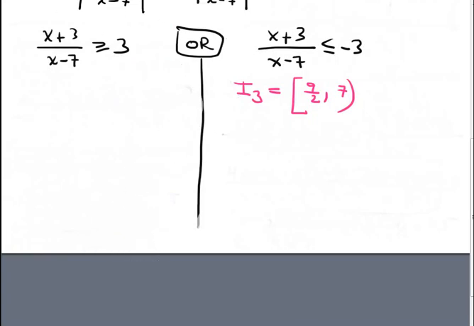The other part is x plus 3 over x minus 7 minus 3 greater than or equal to 0. Again, the LCD is x minus 7: x plus 3 minus 3 times x minus 7.